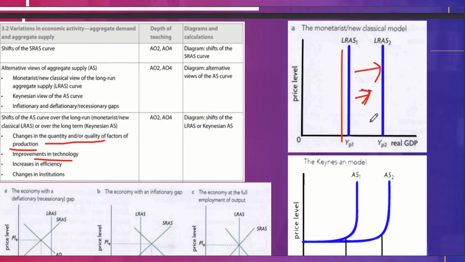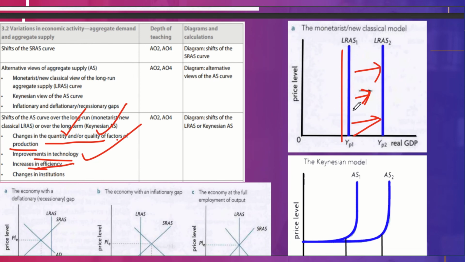The aggregate supply curve will be moving towards right when there is an improvement in the quantity and quality of factors of production, improvement in the technology, and increase in efficiency. For example, if the government spends a lot of money on quality education and better health care, then in the future there will be an increase in efficiency in the production method.